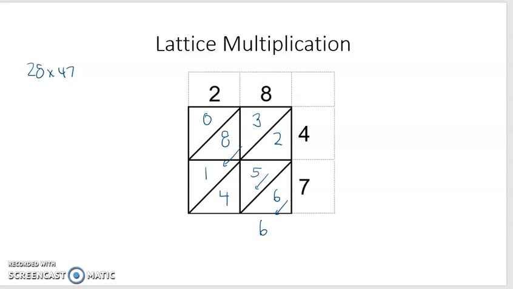Then we add along this second diagonal. 2 plus 5 is 7, plus 4 makes 11, that is 1, and I'm going to carry 1 over to the next diagonal. 1 and 3 is 4, 4 and 8 is 12, 12 and 1 is 13, that is 3. And we'll carry 1 to the next diagonal. So it's just like adding, you just are carrying it to the next diagonal. 1 and 0 makes 1. So that says that 28 times 47 is 1316.